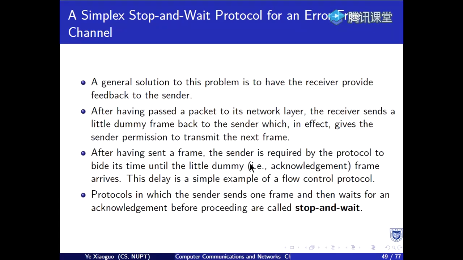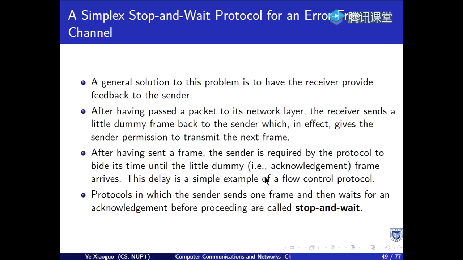The general solution to this problem is to have the receiver provide feedback to the sender. After having passed a packet to its network layer, the receiver sends a little dummy frame back to the sender, which in fact gives the sender permission to transmit the next frame.